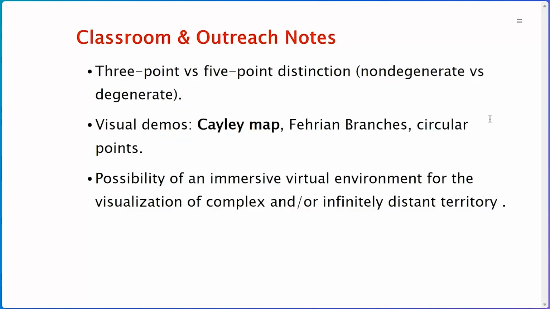Pedagogically, the contrast of 3 points for a non-degenerate circle versus 5 points forcing degeneracy is memorable, right? With Cayley transforms, variant branches and a glimpse of the I J visualization, you can bridge from puzzle to projective ideas without heavy prerequisites.